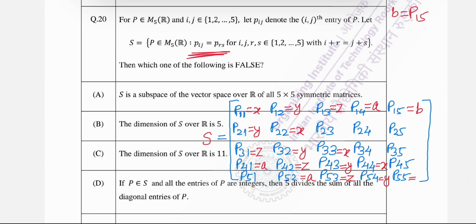Now I impose the first condition: this should equal PRS. And now I impose the second condition: I plus R equals J plus S. I is 1, J is 5 plus S. So this time R minus S should be 4. So this will be B.